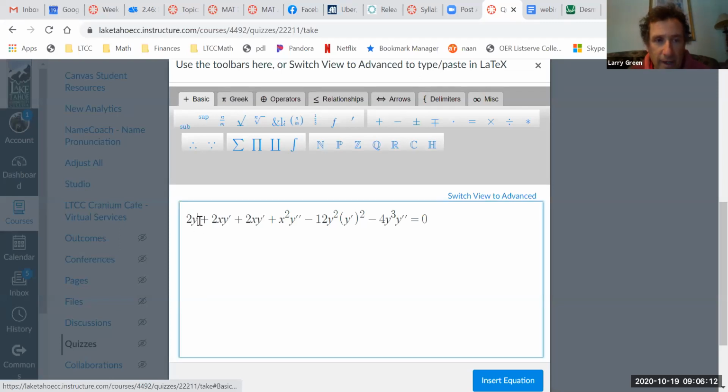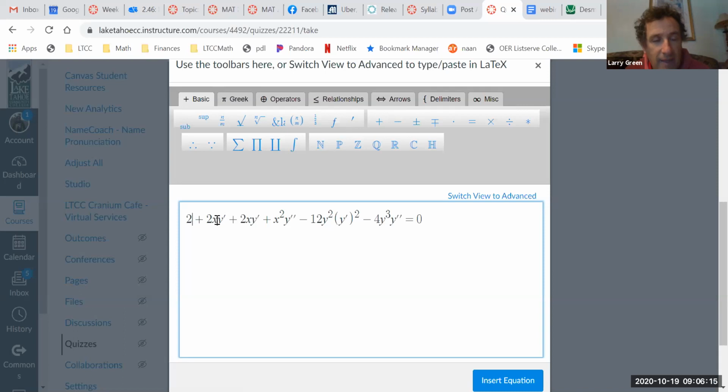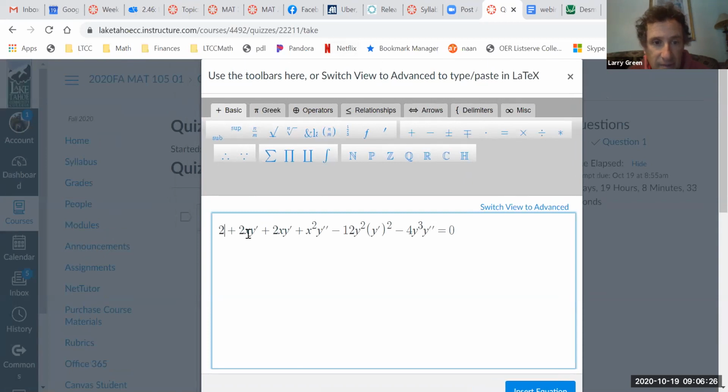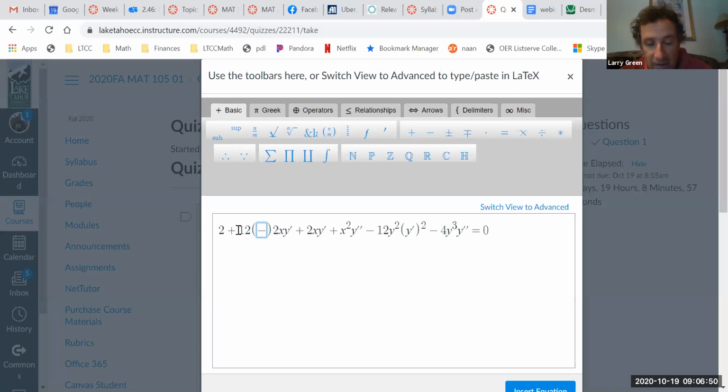So we have y is 1, so 2y is 2. And then x is 3, so that becomes 6. And y prime, remember, was -7/5. We have 2xy prime and another 2xy prime, so that's 4xy prime. It becomes 4 times 3, which is 12, times -7/5.